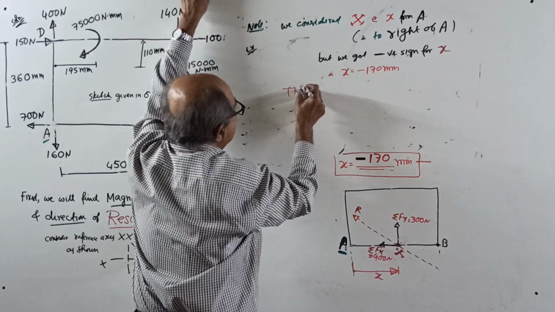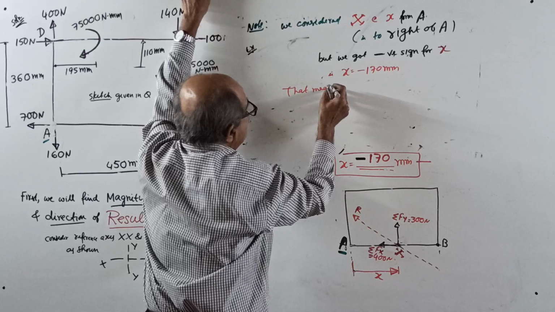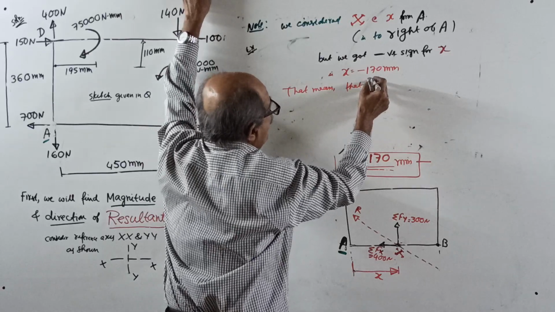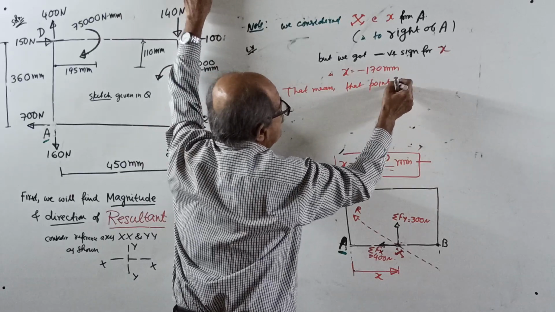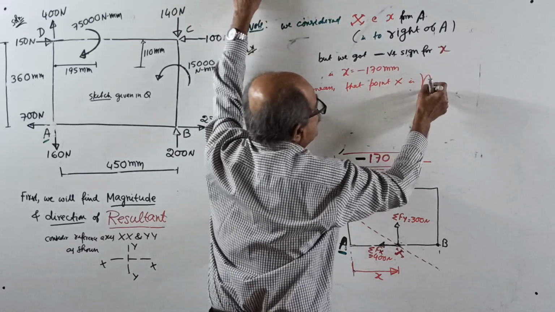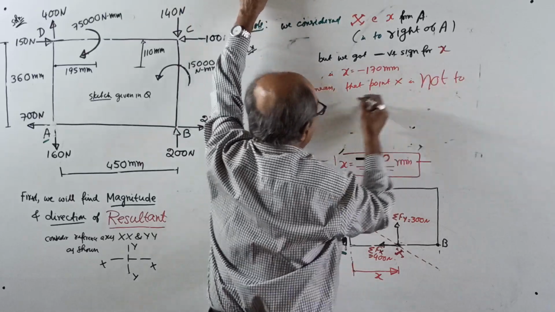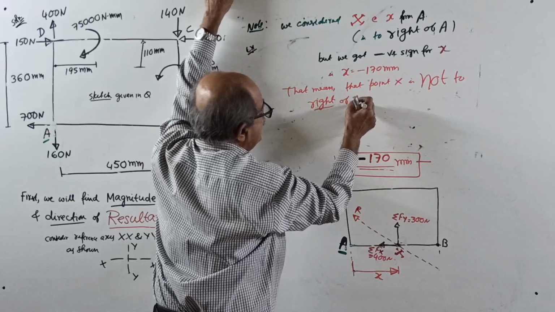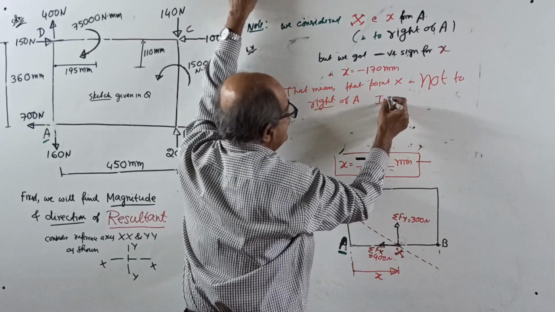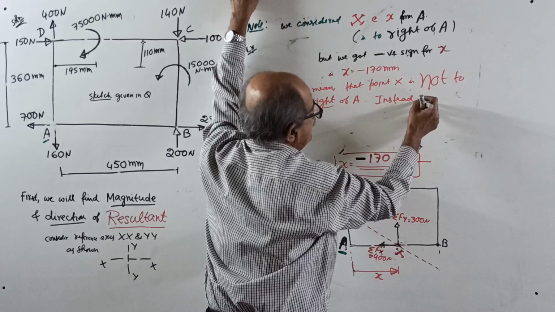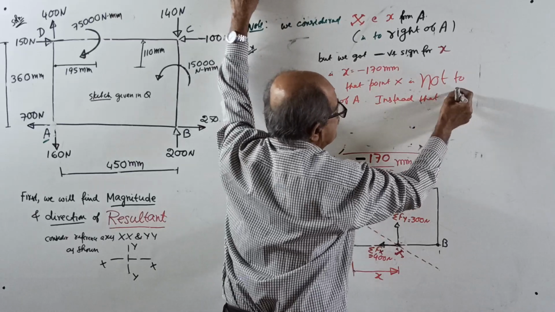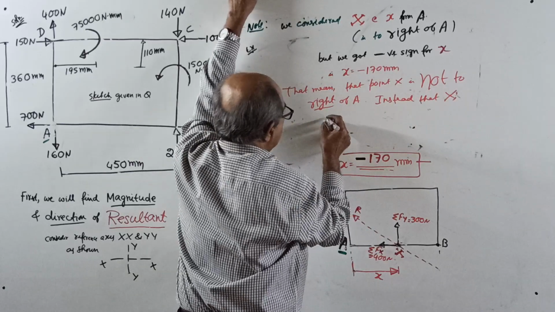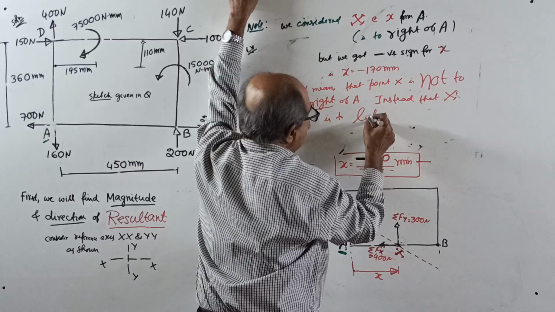That means that point X is not to the right of A. Why negative? Instead, that X is to the left of A.